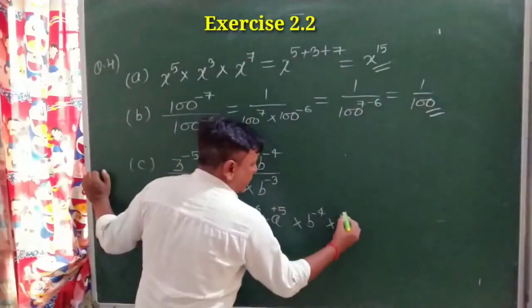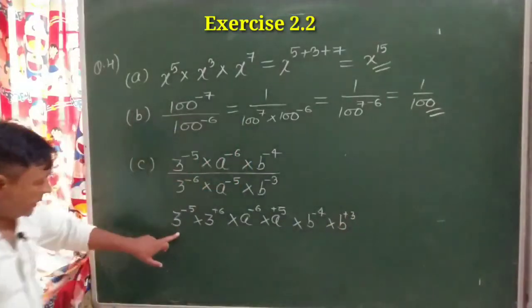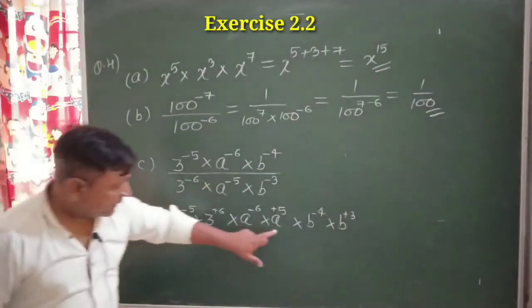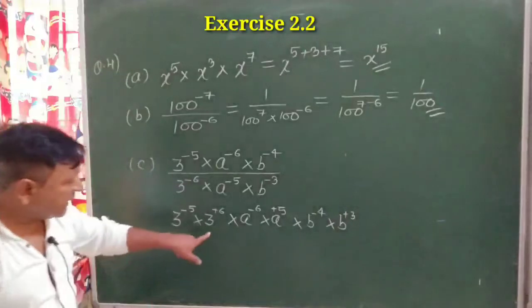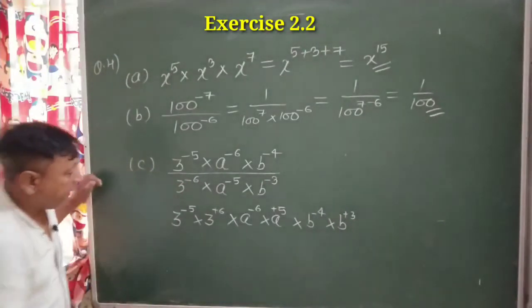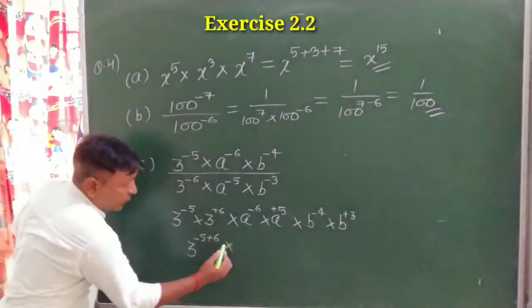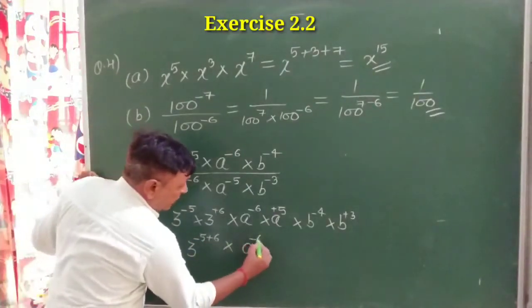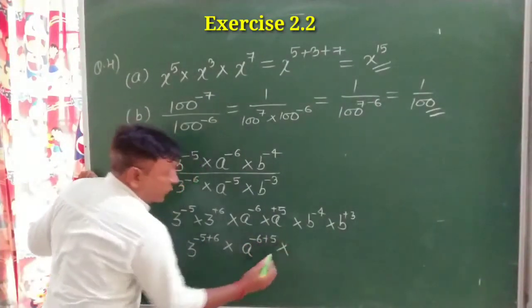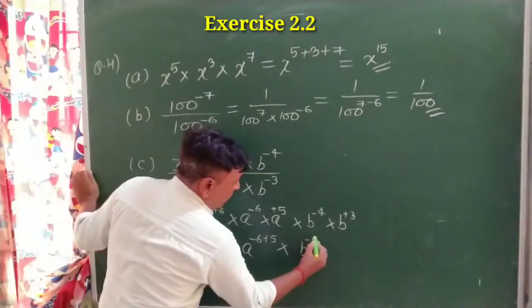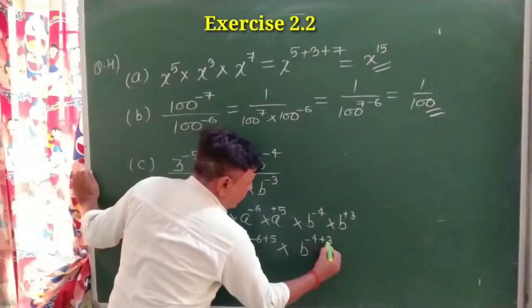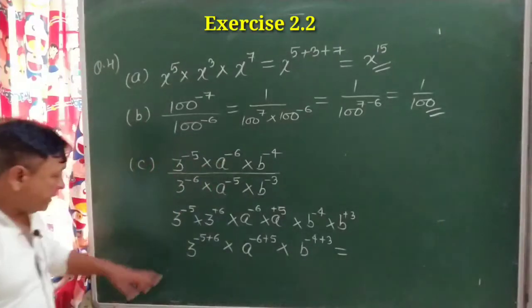Now see this case and this case. Bases are getting same, so powers will get added up. 3 raised to the power minus 5 plus 6 into a raised to the power minus 6 plus 5 into b raised to the power minus 4 plus 3. So what will be left?